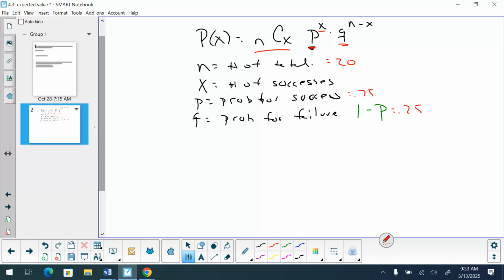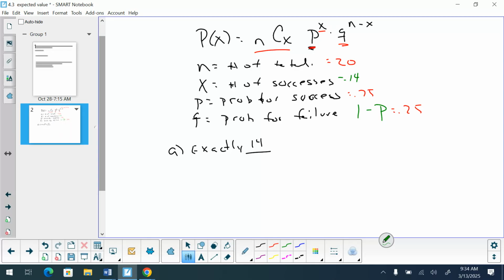In problem A, we want exactly 14. So when we're dealing with exactly 14, that means that is our X value. So I can just substitute in.